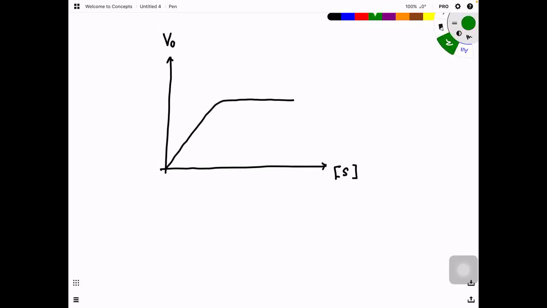So if I divide my graph into two parts, when we reach the plateau, we know that substrate concentration no longer acts as a limiting factor. So we know that my enzyme now works at the maximum rate.